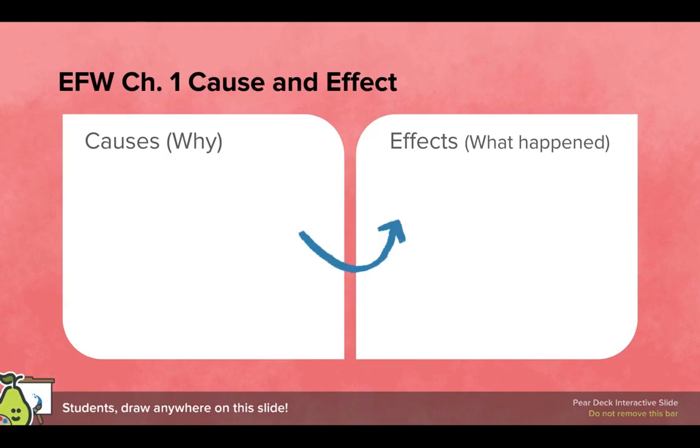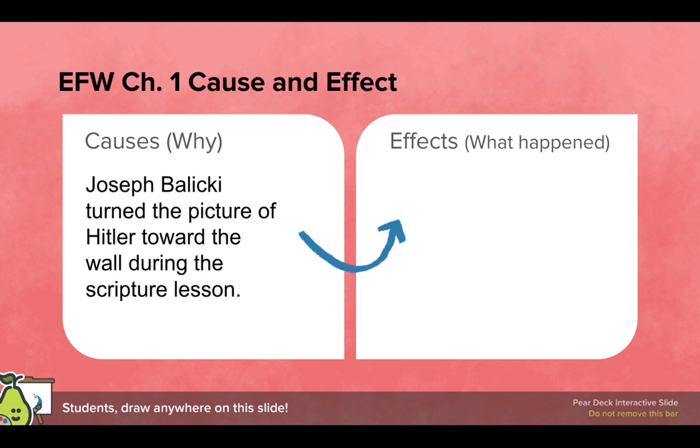All right, on this slide, I want you to think about what happened and why. That cause and effect we've talked about a few times this semester. Okay? It's really impossible to do this with two blank places on the slide, so I'm going to fill in one. We're going to start with the why.